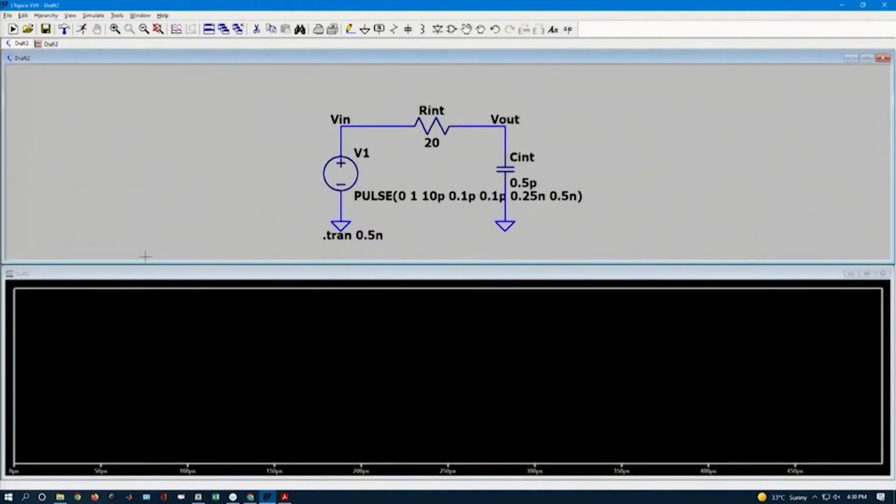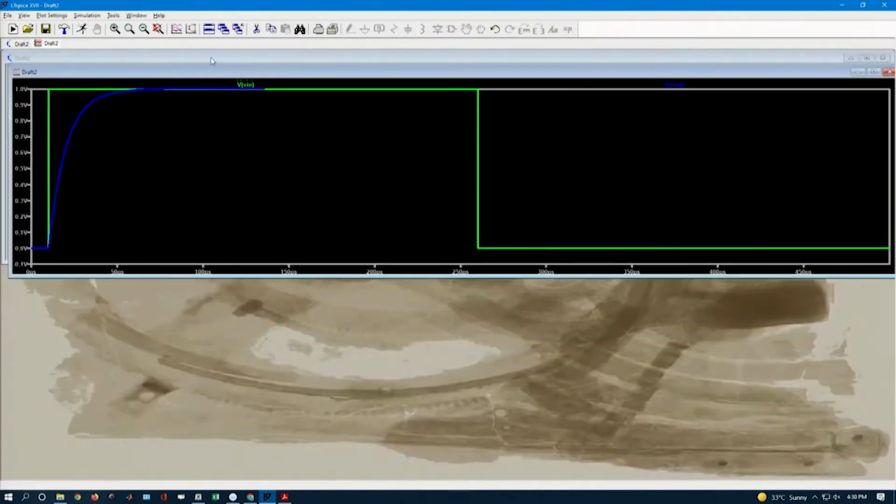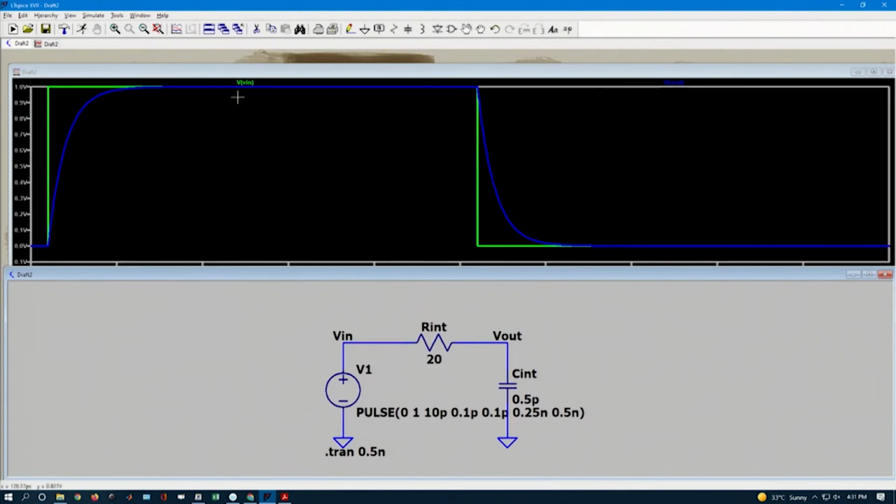Now, if I simulate it, I get this. If I bring this cursor near any of these wires, I get a symbol like a multimeter probe. When I click it, this is my input and this is my output. Now, let me bring this one here and this one down.